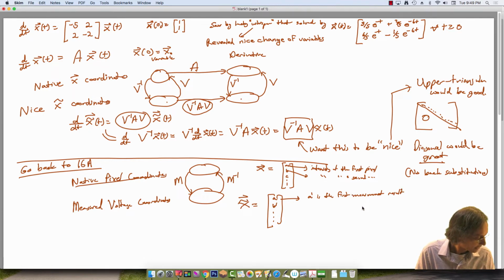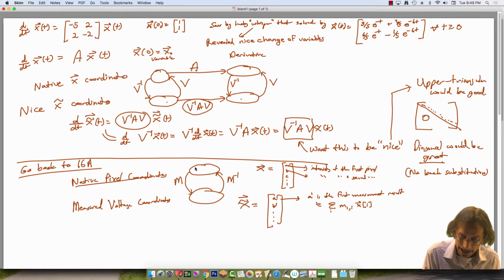And this thing was some sum, right? A prime was some sum over i of the measurement matrix's first row, ith column, times whatever x was, whatever the underlying image was, indexed into the ith position.